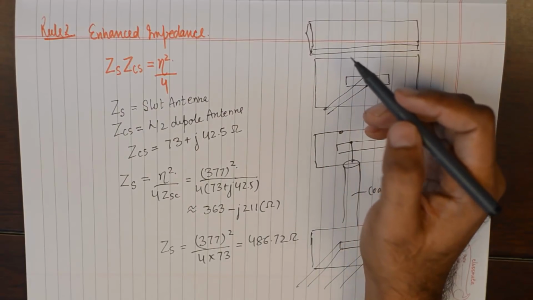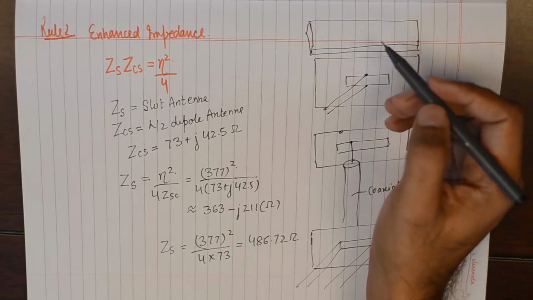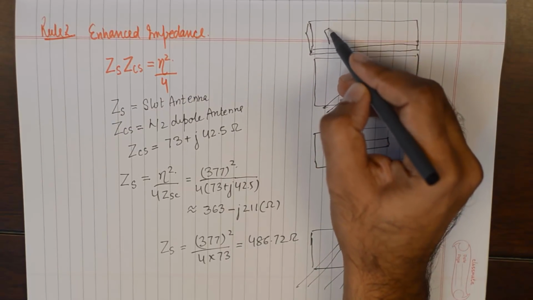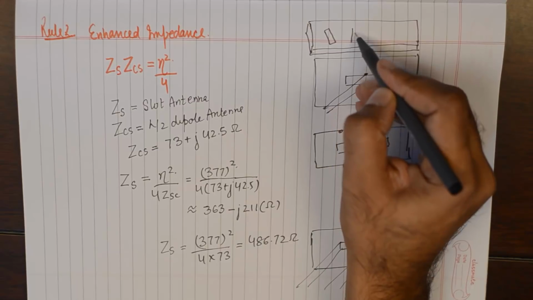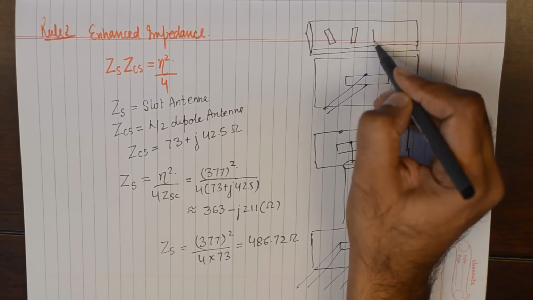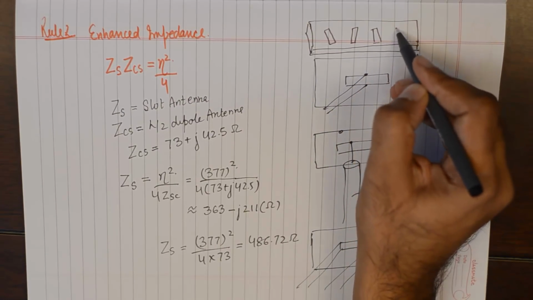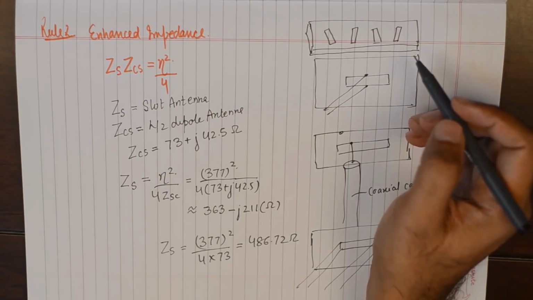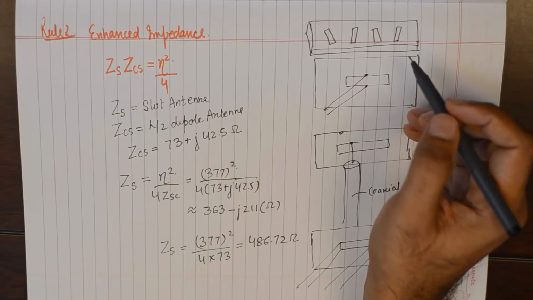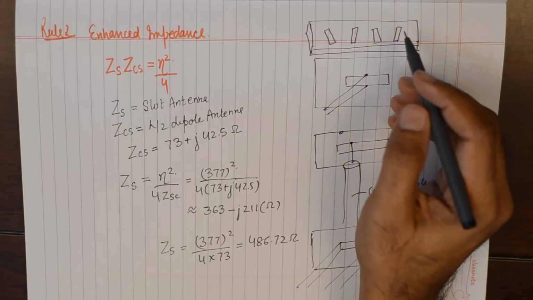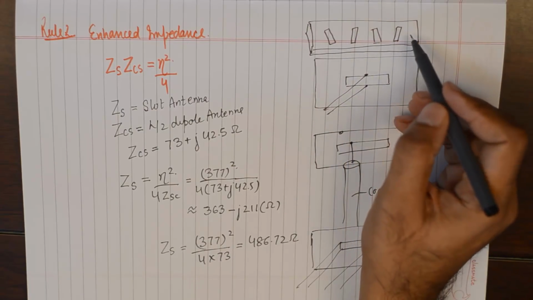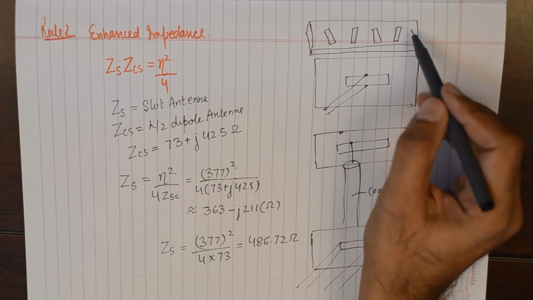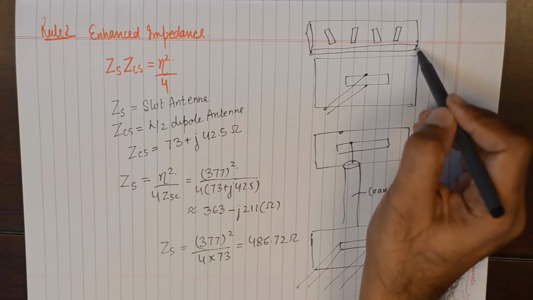What you can do is you could use a waveguide and you could create some slots at the face of the waveguide. Now what I've done here is I've created some slots over the top face of the waveguide.